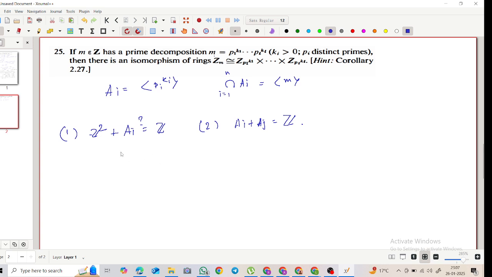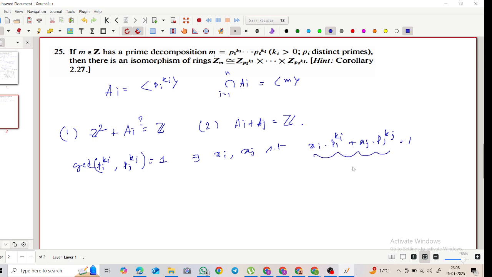So suppose you have pi to the power ki and pj to the power kj. What is the GCD of these two? This is 1, right? The GCD is 1, no? So there exist xi and xj such that xi times pi to the power ki plus xj times pj to the power kj is 1, right?